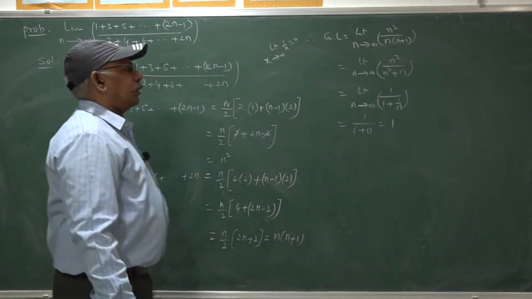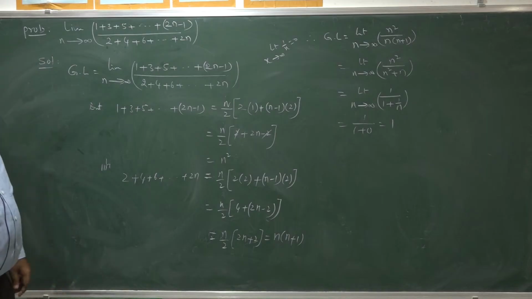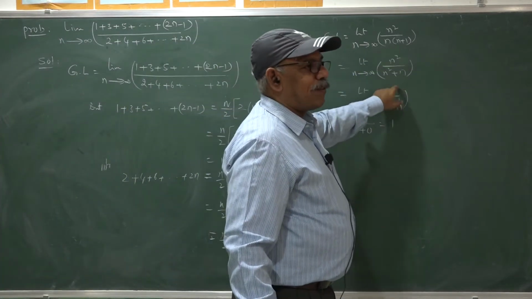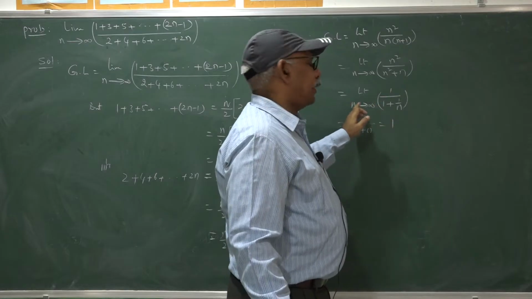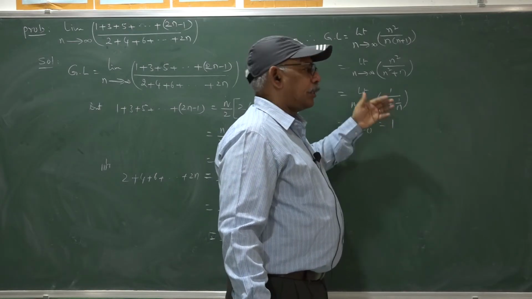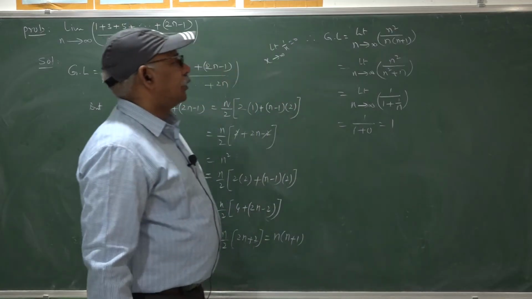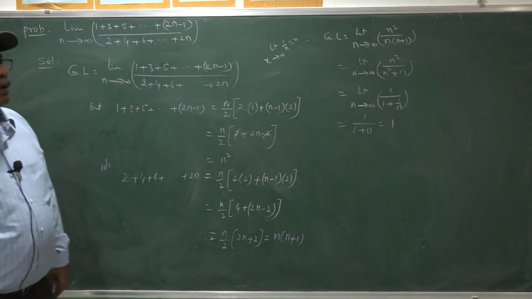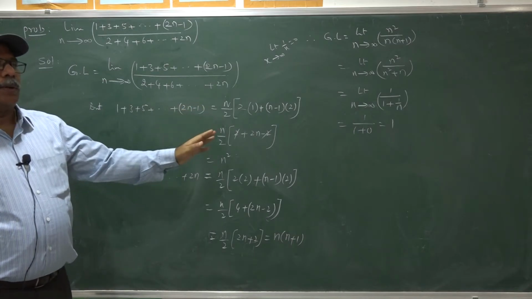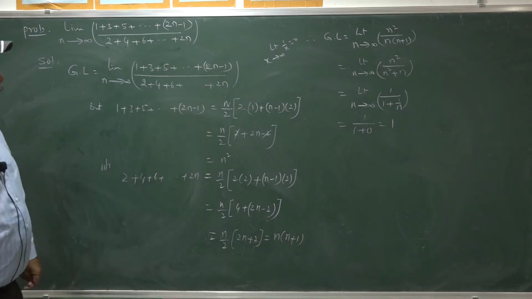In such a case, you can evaluate the limit by using that formula, or otherwise divide the numerator and denominator, reduce the function to a function of 1 by n and apply the limit. This is one more process, and this is a better procedure. That is the working principle here.